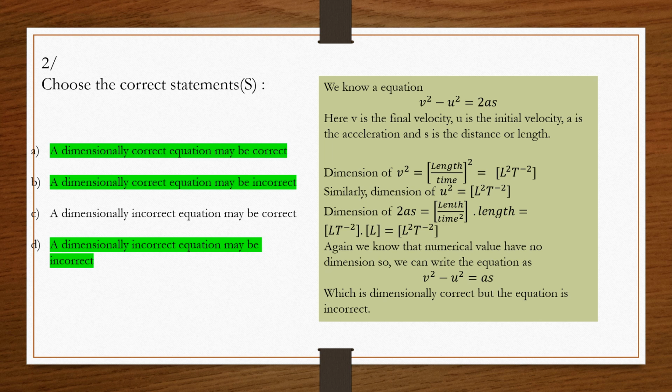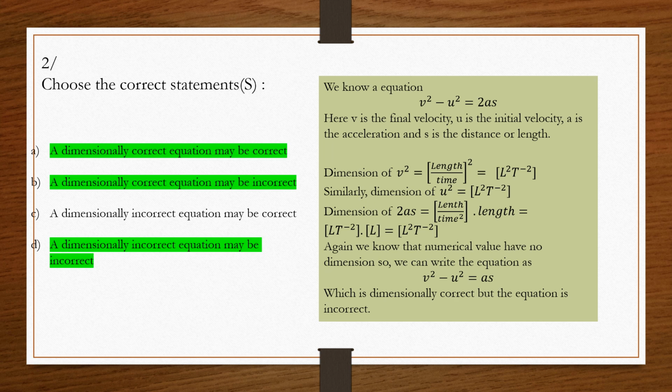So we can confirm these two options, that a dimensionally correct equation may be correct is the right one, and option D, a dimensionally incorrect equation may be incorrect, this is perfectly fine, and this is our right answer. So let's check option B and option C, that is a dimensionally correct equation may be incorrect, and option C says a dimensionally incorrect equation may be correct.